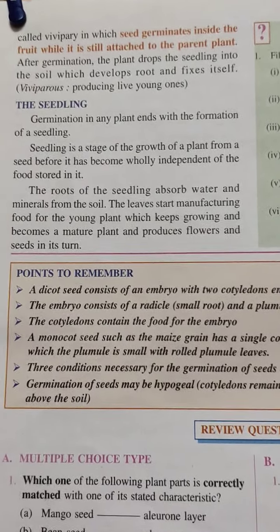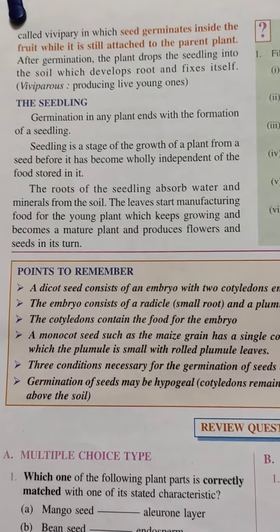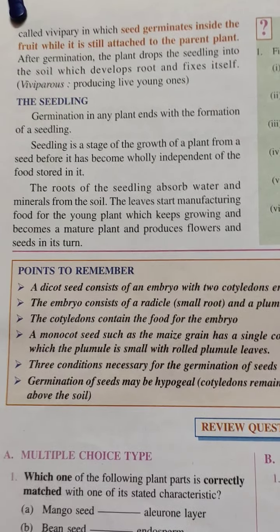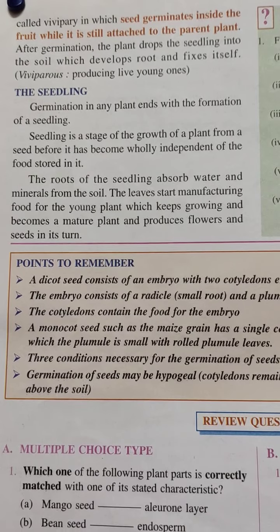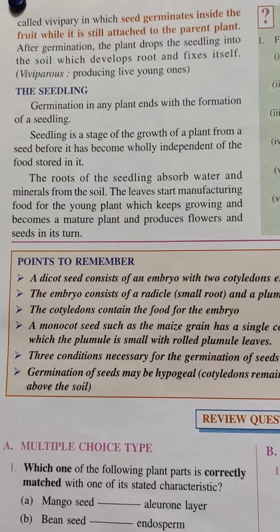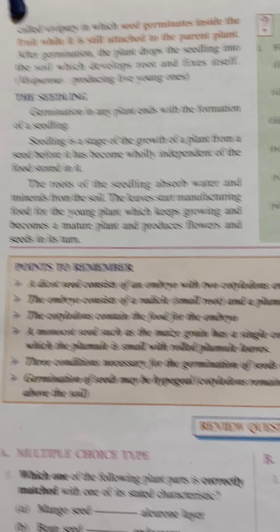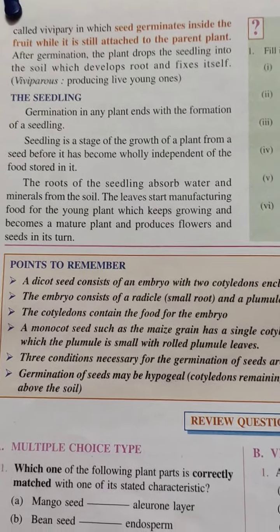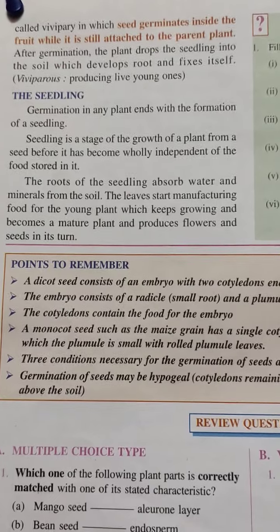But in vivipary we get this kind of phenomenon. After germination, the plant drops the seedling into the soil, which develops roots and fixes itself. So this is a very rare kind of thing, but you have to know what vivipary germination is.